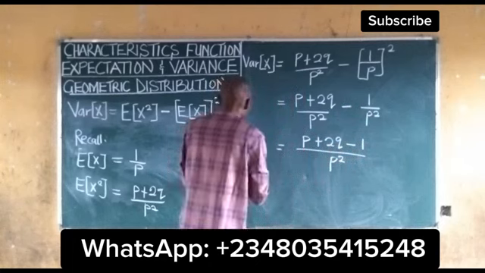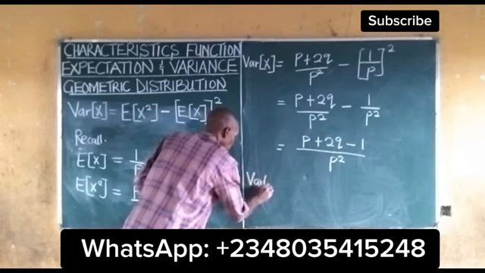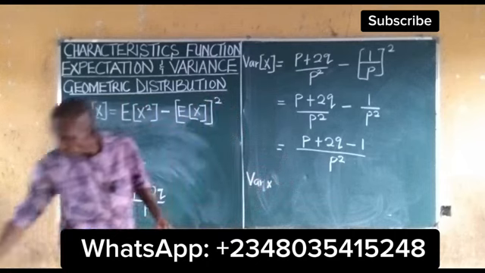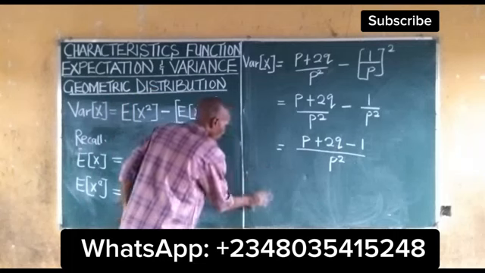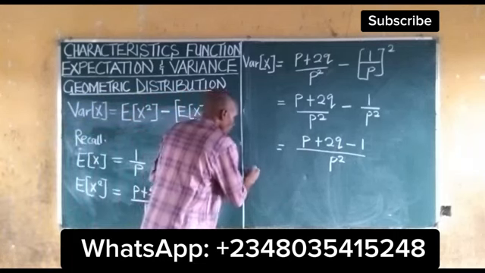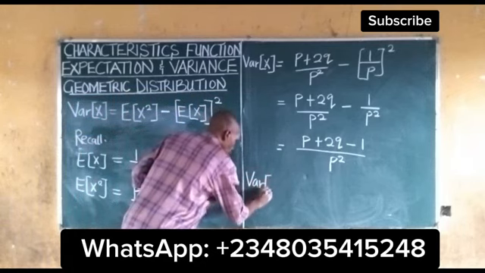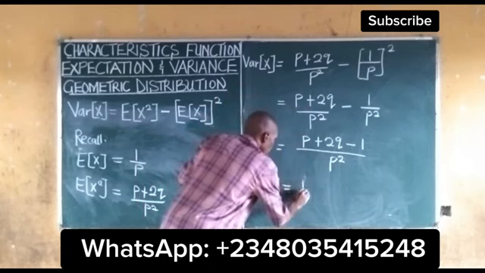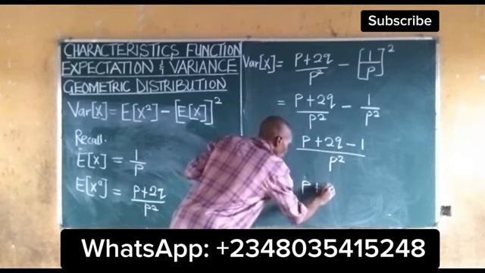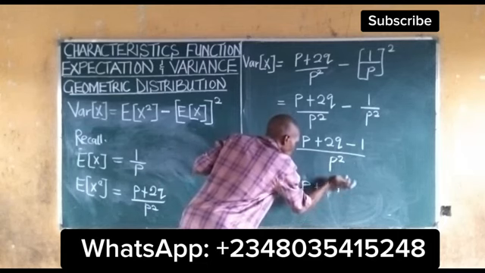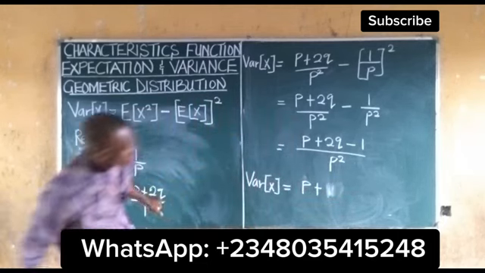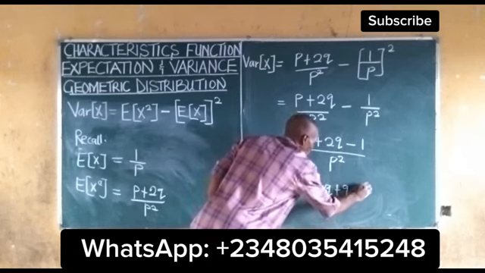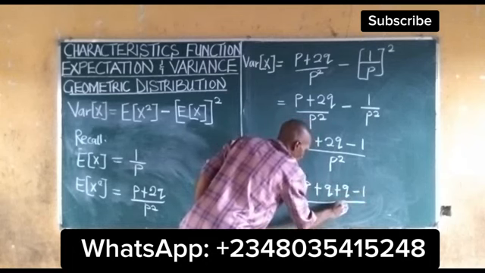Of course, we can still do something, meaning our variance of x can be written as p plus, we can open this to give us p plus, sorry, we have 2q there, q plus q minus 1 all over p squared.